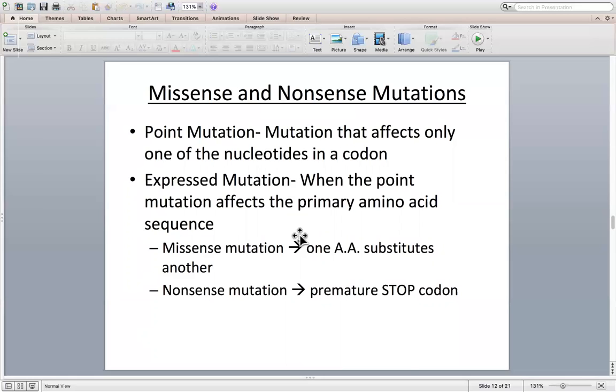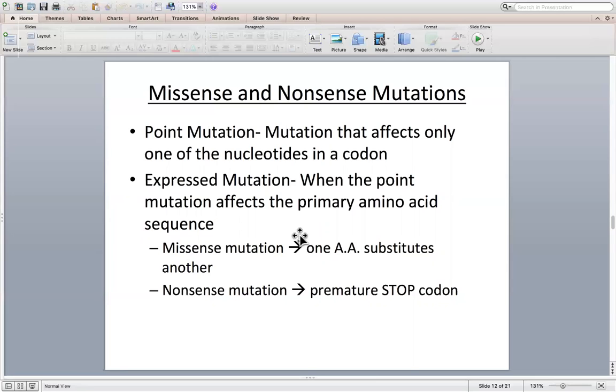Like if one point mutation changes the amino acid that ultimately gets placed into the resulting polypeptide chain, you're going to have a more serious effect than if a point mutation just encodes for the same exact amino acid that it would have if the mutation hadn't occurred.